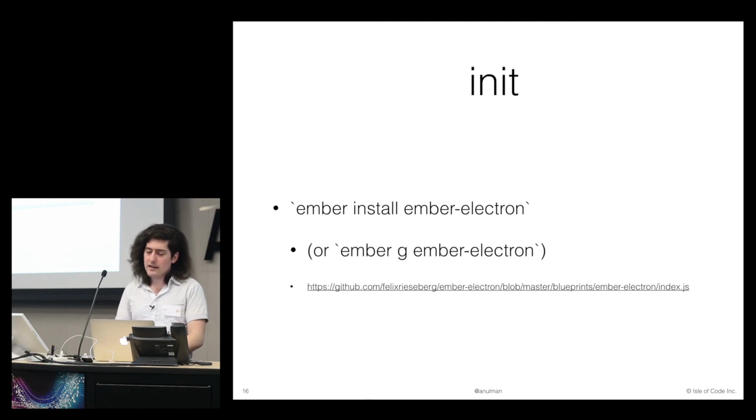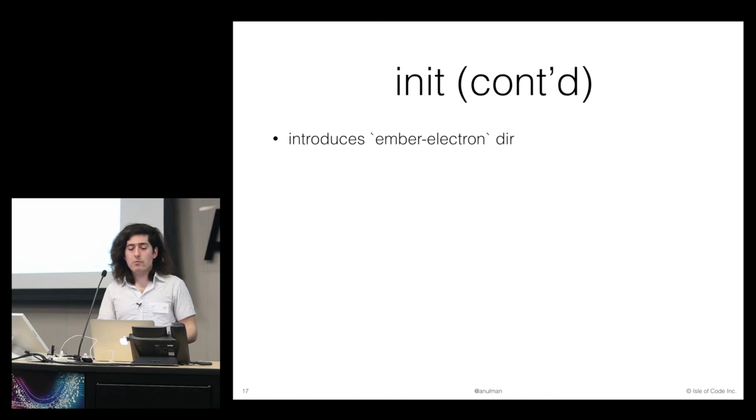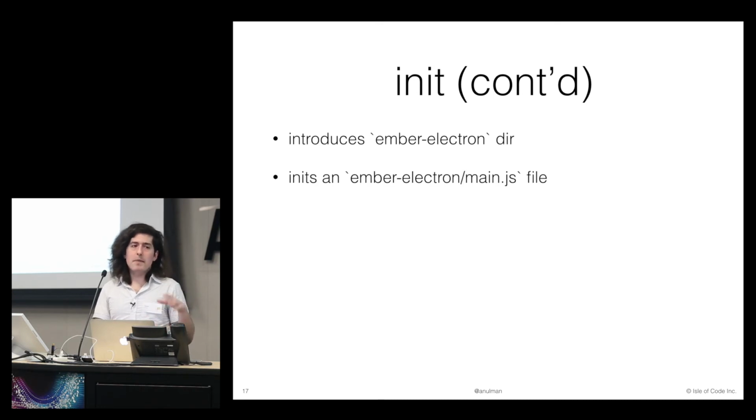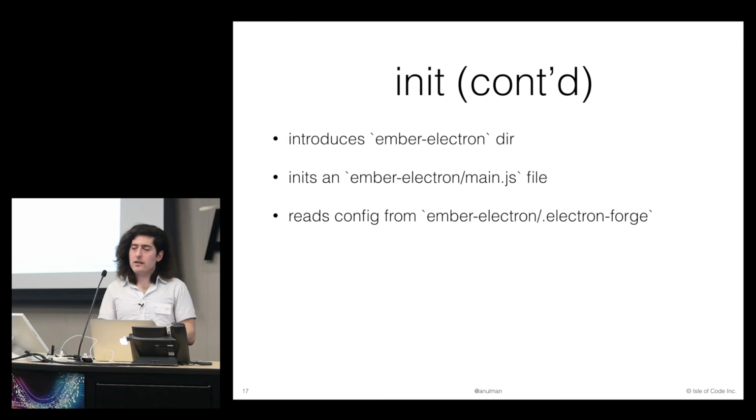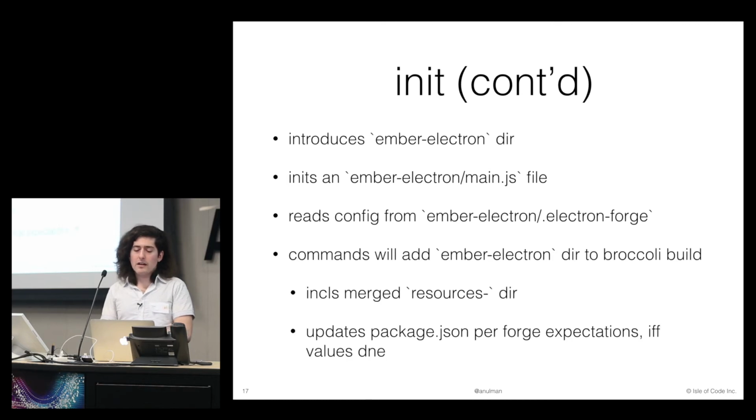We can look at it in a diff in a moment, but basically it introduces an ember-electron directory to the root of your project. It inits a main.js file, which is what runs your main process for you. It reads the config data from Ember-Electron, and there's a dot file in that directory. And then lastly, it adds the ember-electron directory to the build pipeline for all proxied ember-electron commands.